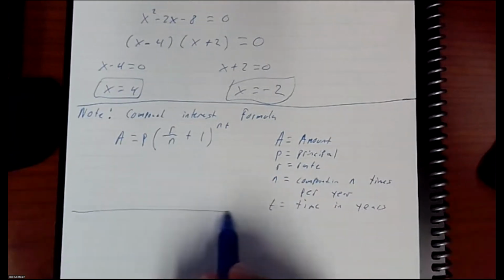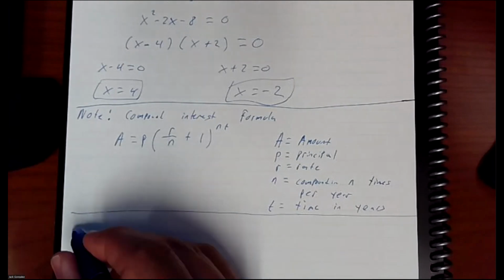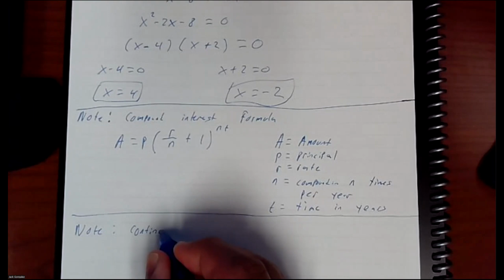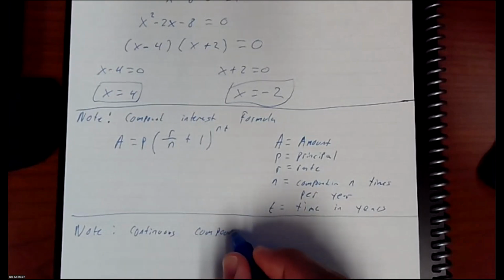Okay, so this formula is in the notes and in the book. I'll write it down here just in case. There's also another one. Continuous compound interest.